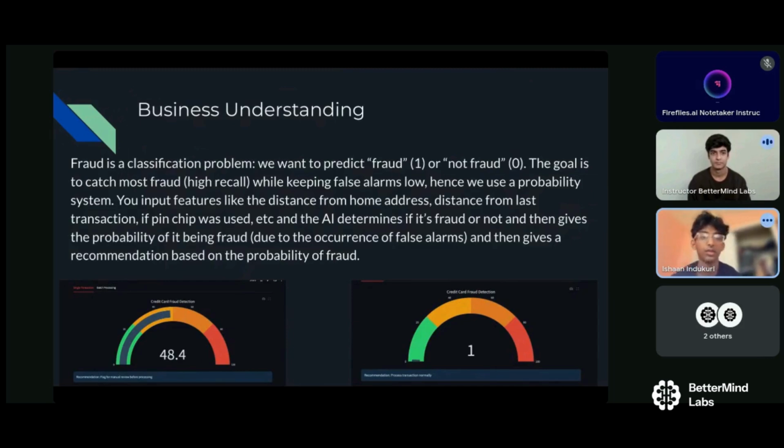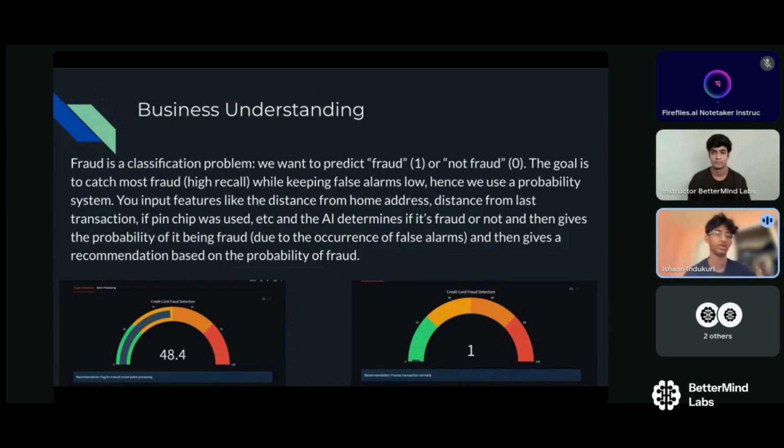Fraud is a classification problem, and we want to predict fraud 1 or not fraud 0. That's just a very broad example. More specifically, we have a probability from 0 to 1, which gives us a percentage. The goal is to catch the most fraud while keeping random false alarms low.